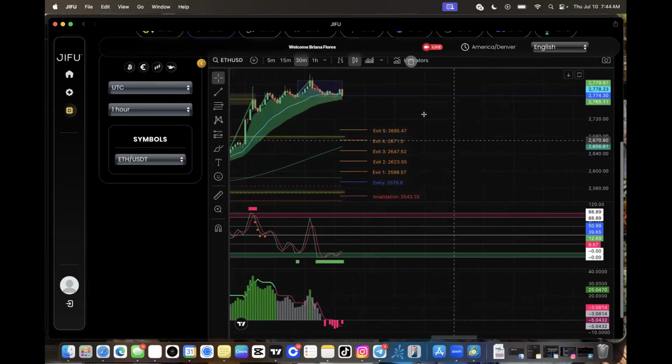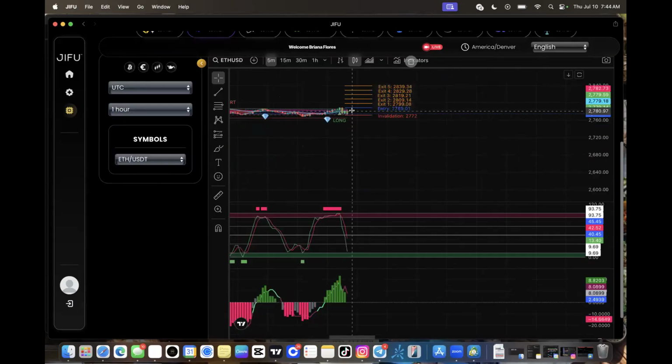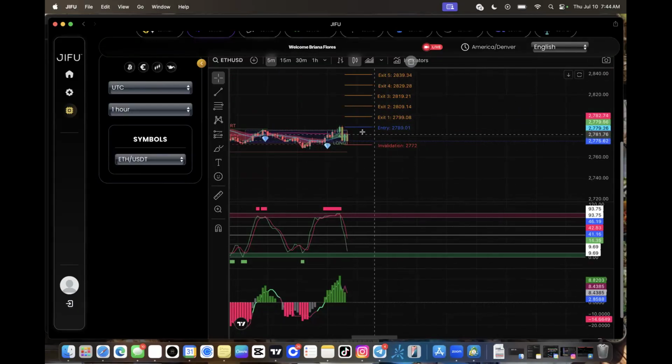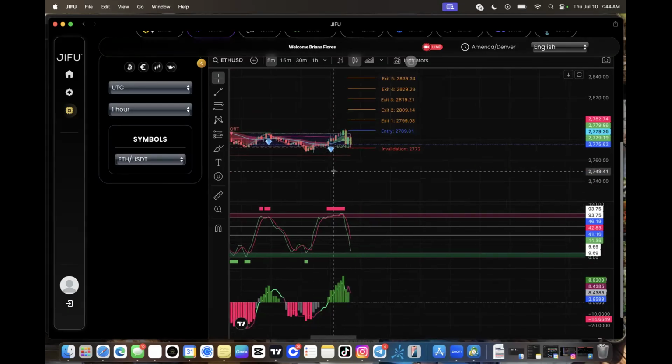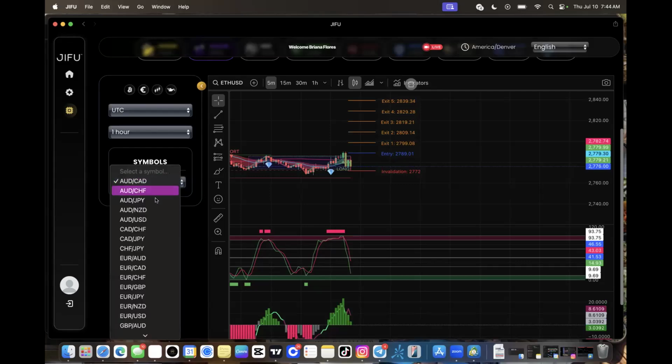Anyway, okay, so once again, I'm gonna come through here, 30 minute, 15 minute, 5 minute. It would be good if it wasn't so close to the invalidation. So this might be good later. So once it hits the floor and comes back up, I don't know, but it's not following our strategy, so we're gonna move on. And legitimately, for you beginners, this is all I do.